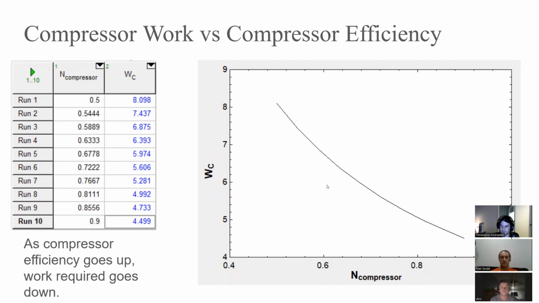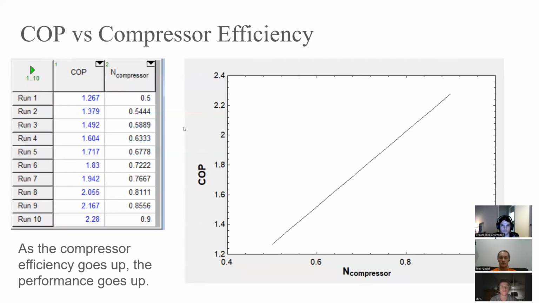And this makes sense because the more efficient the compressor is, the less work input will be required to compress the refrigerant. And all in all, it's pretty obvious that in order to identify the optimal operating conditions, it would be to have the most efficient compressor as possible. And these here are the values that were run.